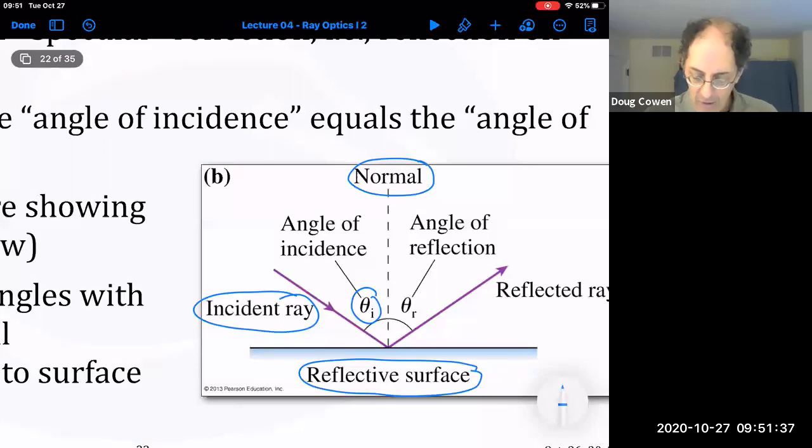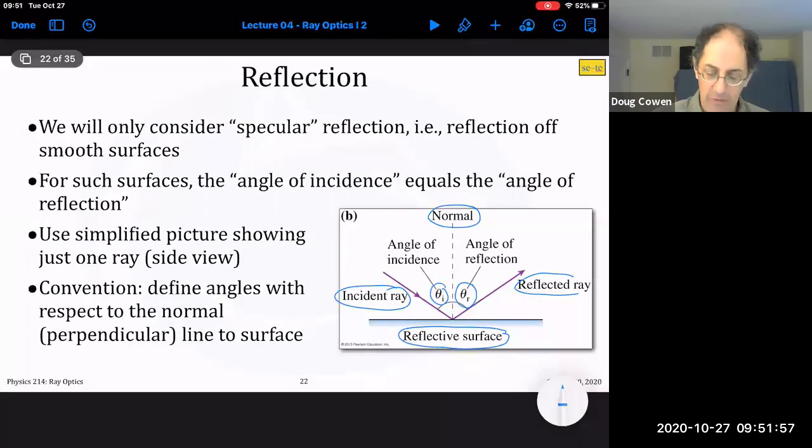And then it's reflected at an angle theta_r, the angle of reflection, and that reflected ray bounces off at an angle of reflection that is equal to the angle of incidence. So in other words, theta_i equals theta_r. So that's the rule for specular reflection.